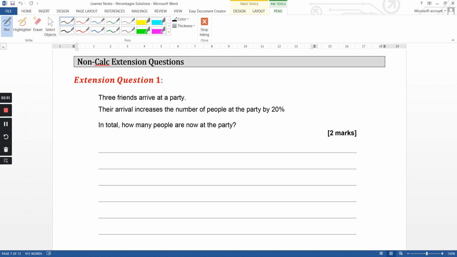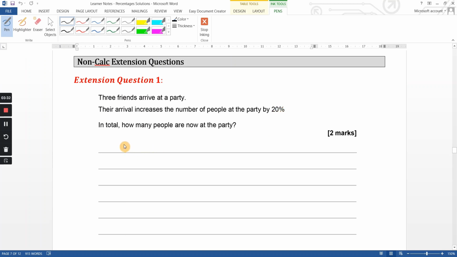2 marks. So, okay. First thing you should ask yourself is, this percentage here, 20%, that represents the 3 friends that came to the party. Because the party increased by 3 people, that is the same as the 20% increase.